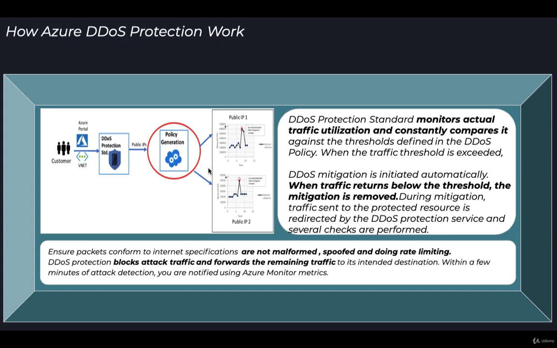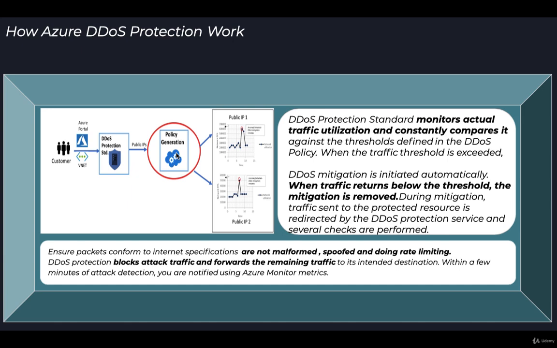because DDoS protection standard protects the various Azure resources. It could be your virtual machines, your load balancer, or your application gateway, basically those that have an Azure public IP assigned to them. Therefore, you can get DDoS protection enabled on them.